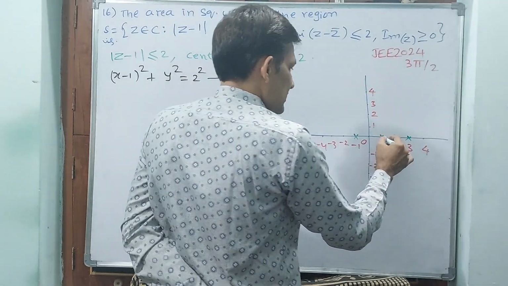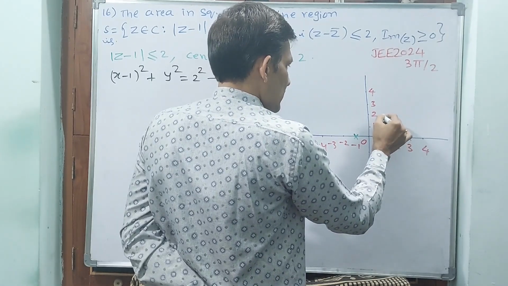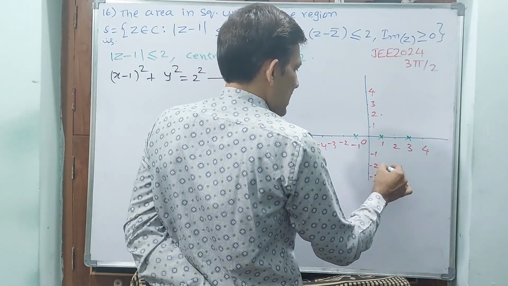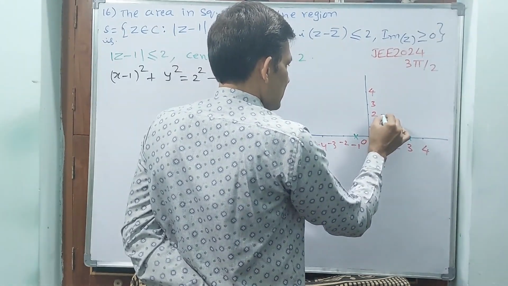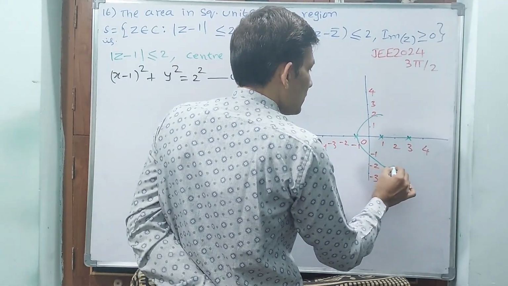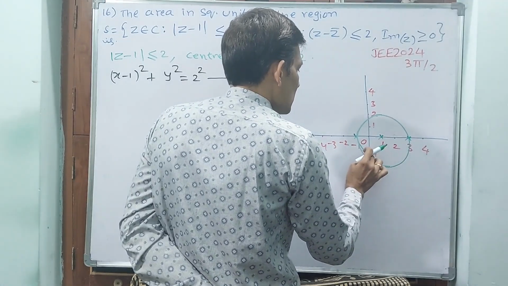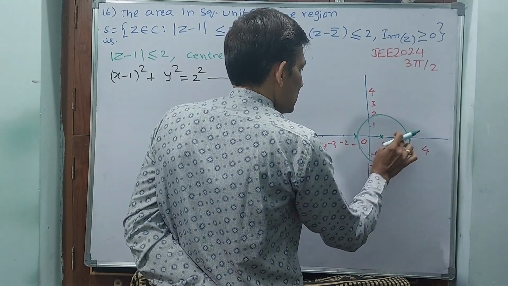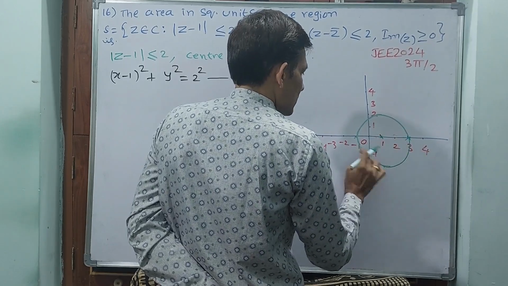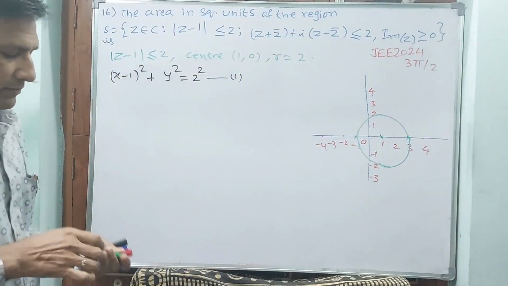Now where is it touching? Exactly on the top at 2, and on the bottom at minus 2. Here these are touching. Okay, this is the circle.